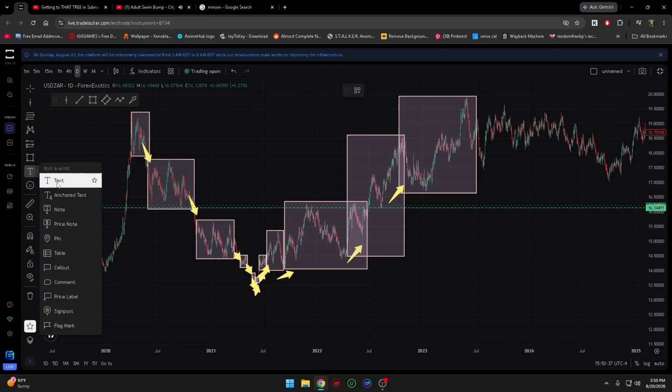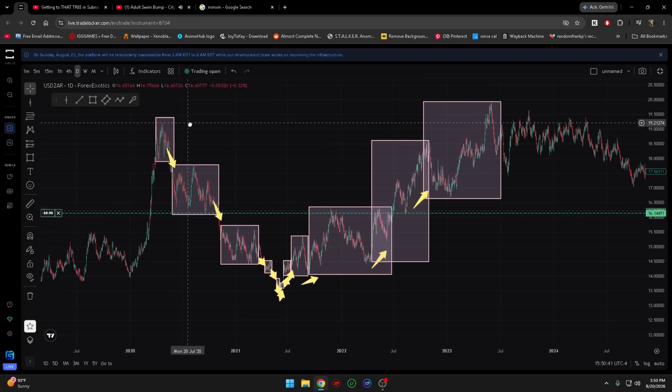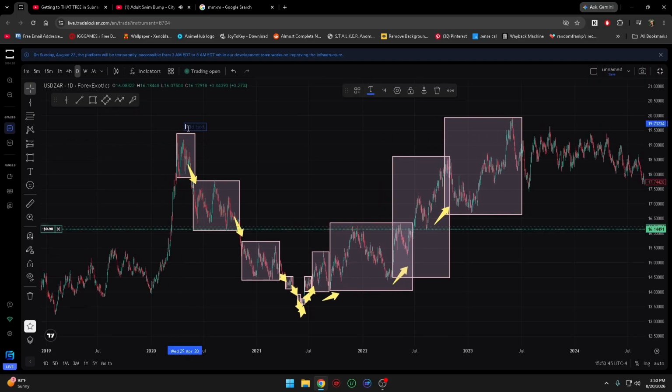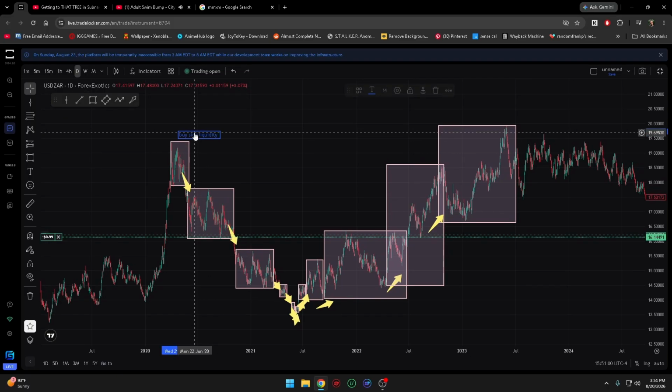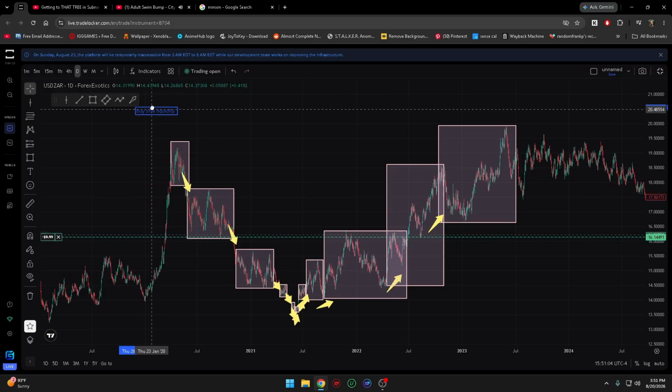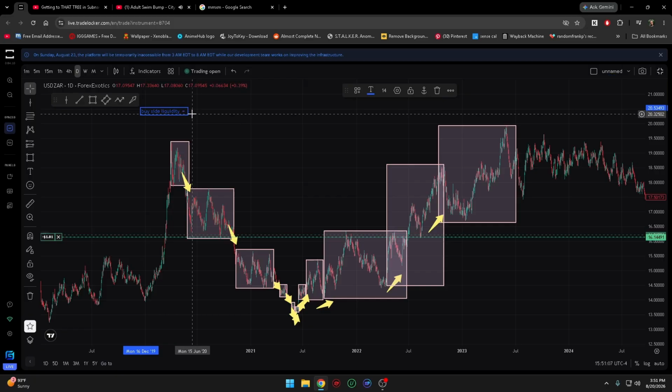Text time. Buy side liquidity. I'm gonna call it buy side liquidity, so you don't get this confused with sell side liquidity. Yeah, I'm gonna just call that BL.